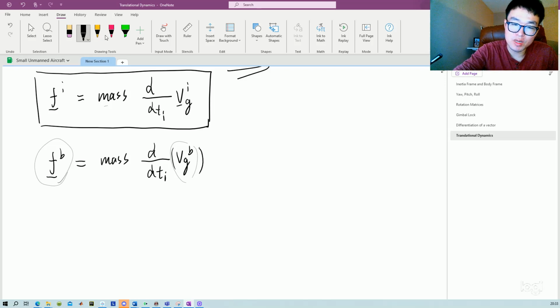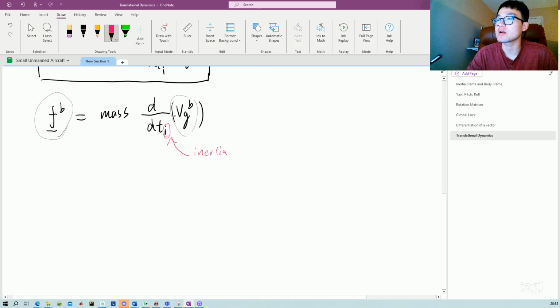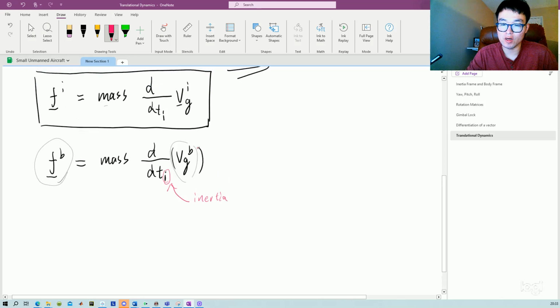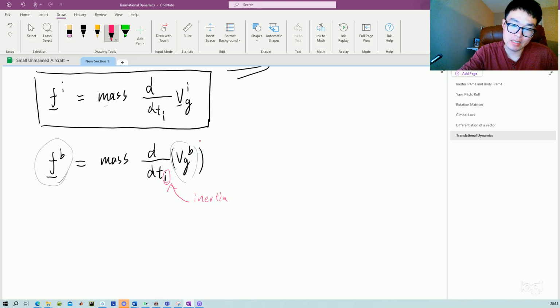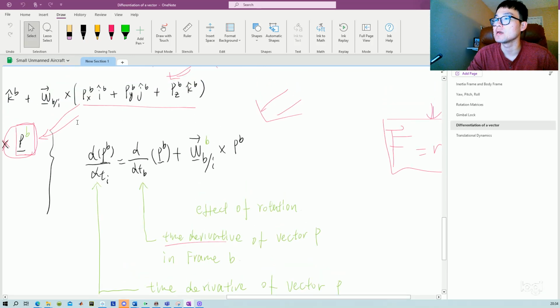However, this means that the observer stands in the inertia frame. The force vector, as well as the Vg, the velocity vector, is expressed in the body frame. However, the human or the observer is in the inertia frame, on the ground. So in this case, we will apply the equation that we got from last time.